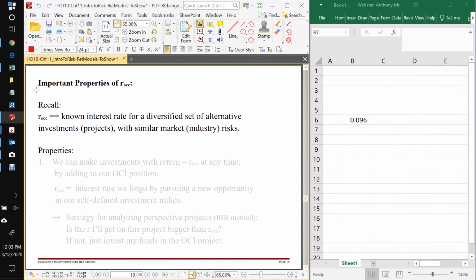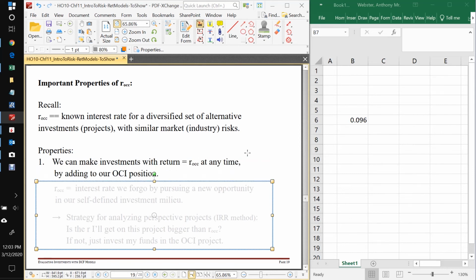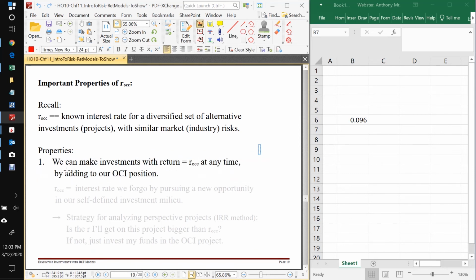So what are some important properties of our opportunity cost of capital? Again, know the definition. The opportunity cost of capital is our known interest rate for our diversified set of alternative projects with similar risks. Remembering that, an awesome property is we can make investments with this return, our opportunity cost of capital return, at any time, by just adding to our opportunity cost investment position.